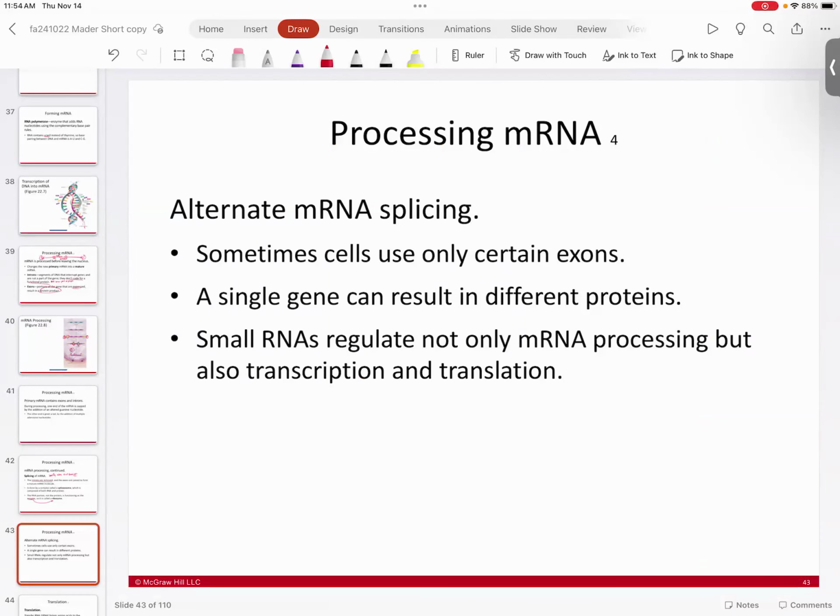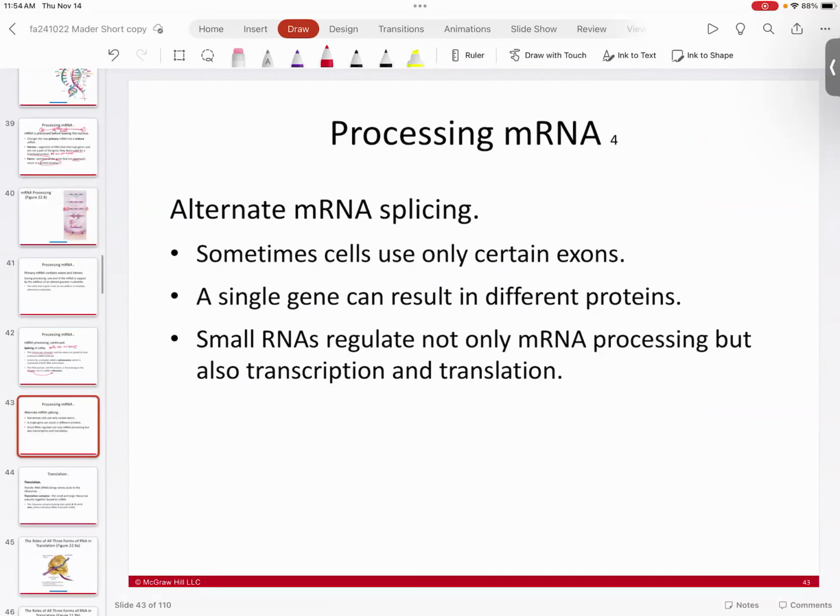Now, you can also, from this, create what's called alternative splicing. For instance, some cells can swap out different exons based on how they cut. Let's look at an example of what this looks like.